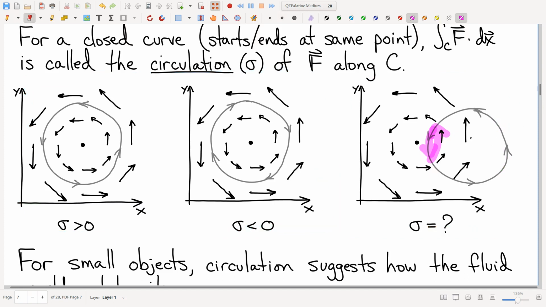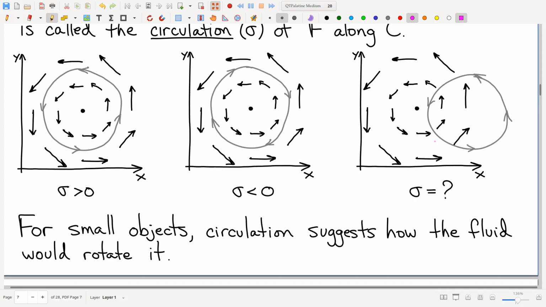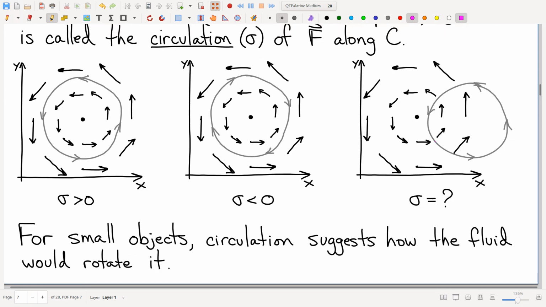Okay. Last little bit I want to note. I think this is a nice point of view. In some sense, what we're measuring with circulation is the extent to which the fluid is kind of rotating. But of course, the fluid's doing different things in different places, and so it's kind of hard to get our hands on that.